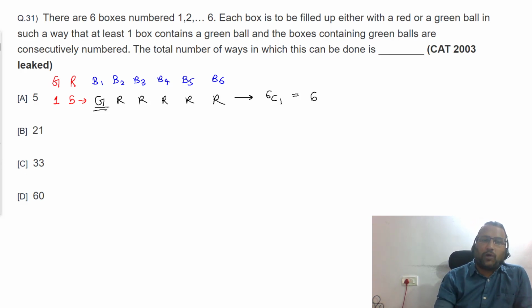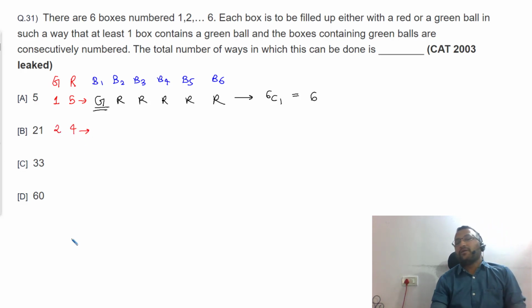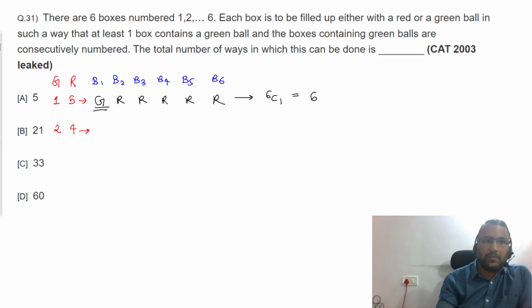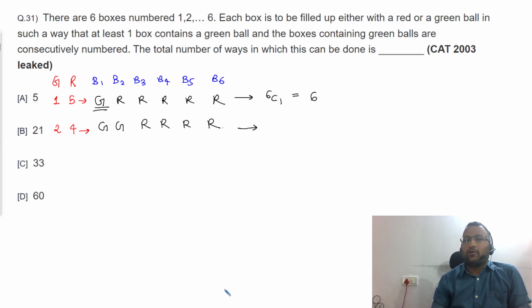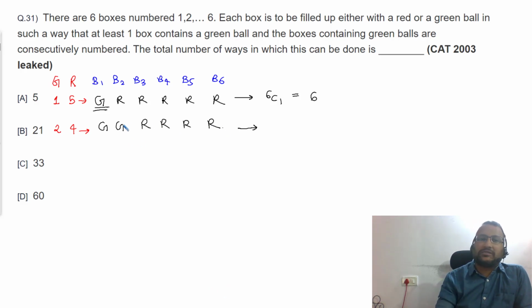Then second case, 2 boxes are having green ball and the 4 boxes are having red ball. So over here, 2 consecutive boxes are having green ball and the remaining 4 boxes are having red ball. In how many ways can we do this? Those 2 consecutive boxes can be B1 B2, B2 B3, B3 B4, B4 B5 and B5 B6.